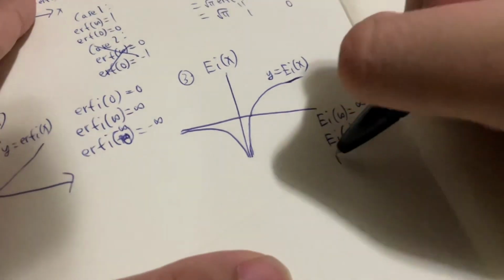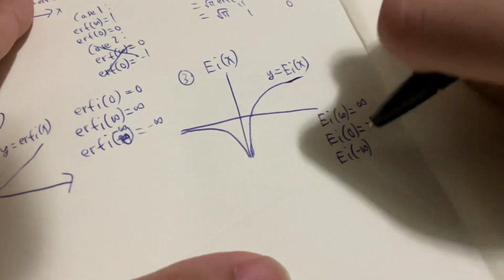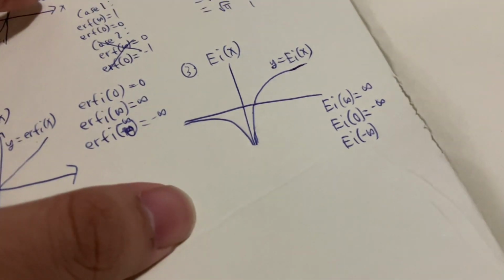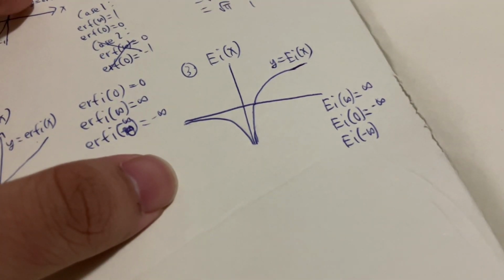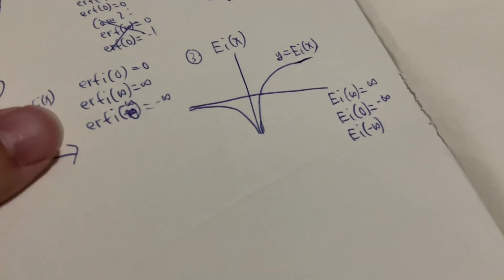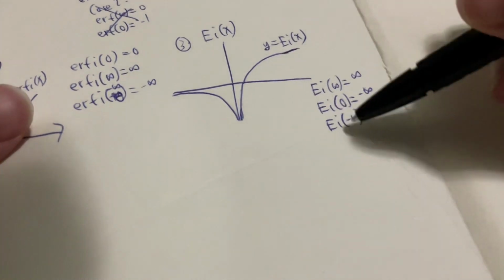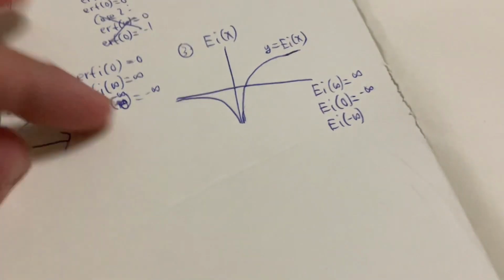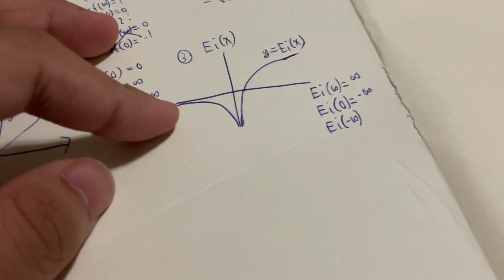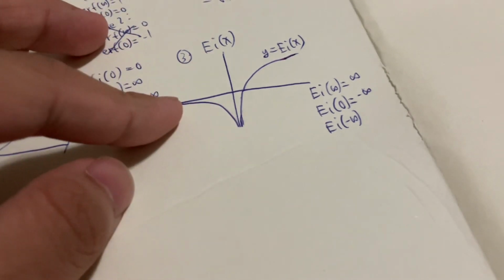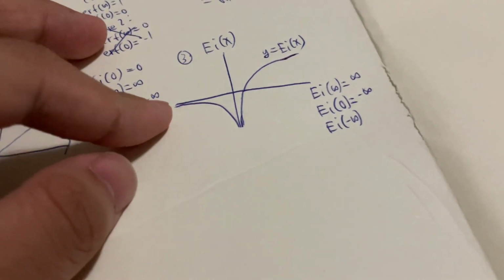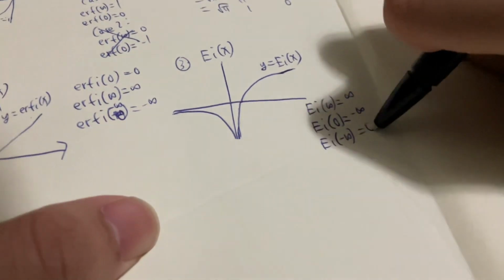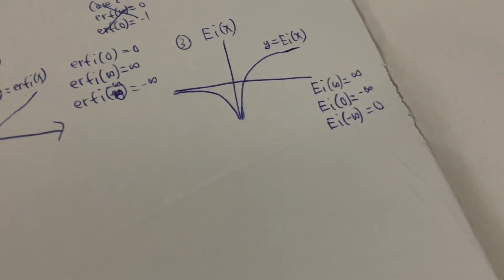And Ei of negative infinity. Of course, Ei of x is not an odd function or an even function. But Ei of negative infinity, you see, when x is an extremely small negative number, it approaches 0 like that. You should memorize this, I think.